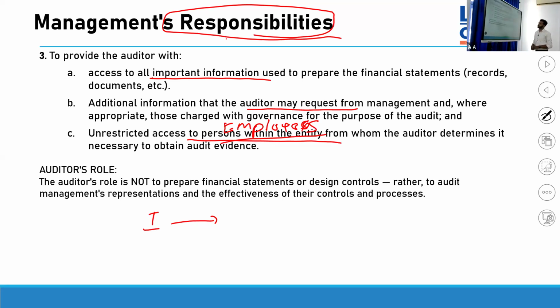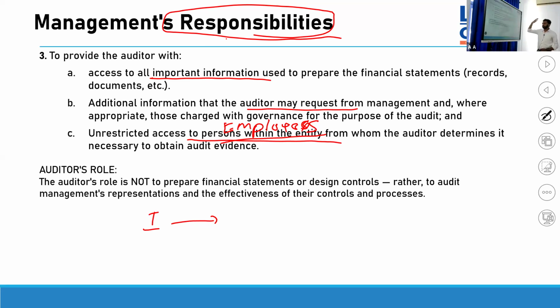From whom the auditor determines it necessary to obtain audit evidence. If the auditor determines to obtain some information through inquiries from employees, then as a manager, you must provide unrestricted access, which means the auditor can talk to any employees as they want. That is unrestricted access.